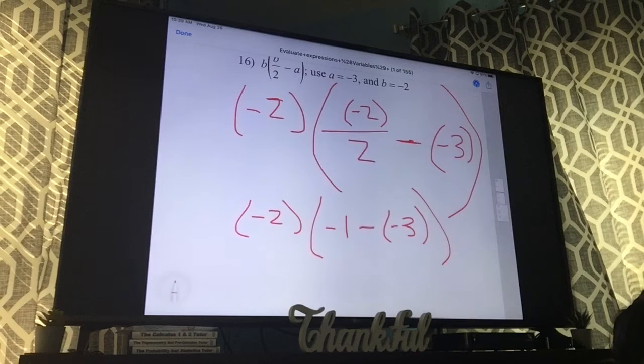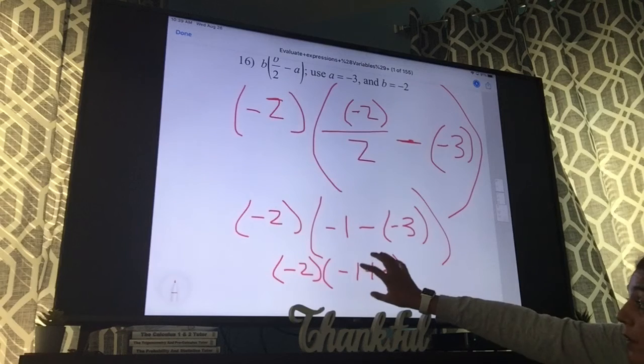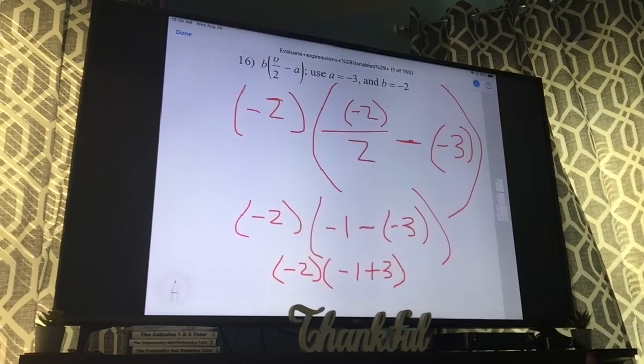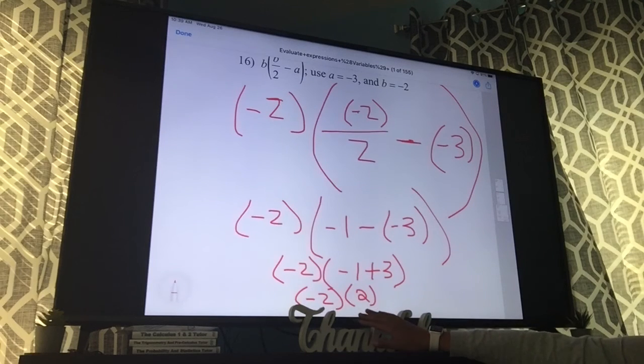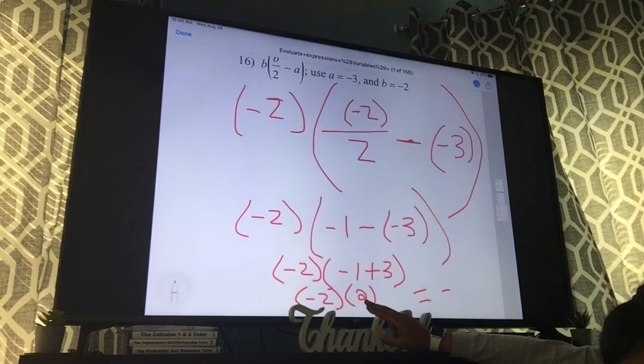So it's really going to be negative 1 plus 3. Okay, and still same thing. We're working with this set of parentheses because we got 2 terms in it and there should only be 1. So negative 1 plus 3 is going to be positive 2. And we still got that negative 2 out front. So now we're left with negative 2, and they're right next to each other, so that means multiply. Negative 2 times positive 2 is going to give you a negative 4.